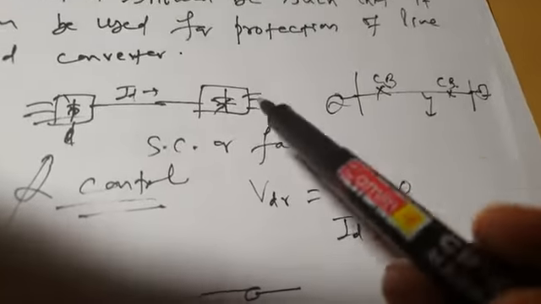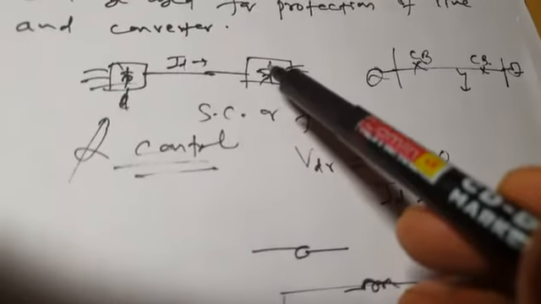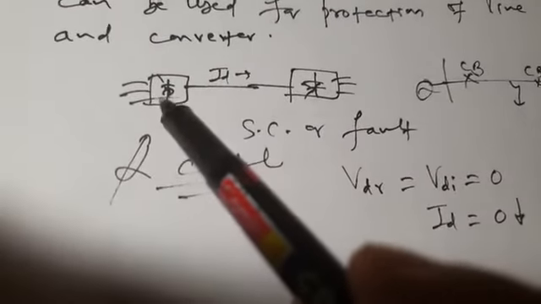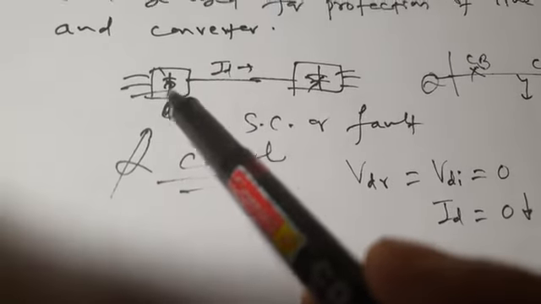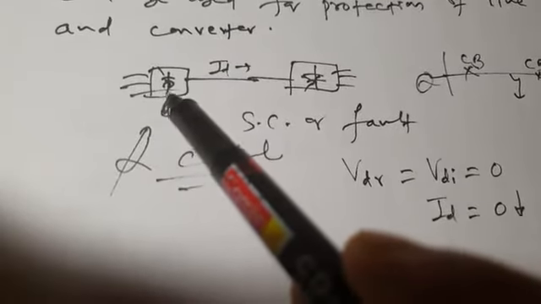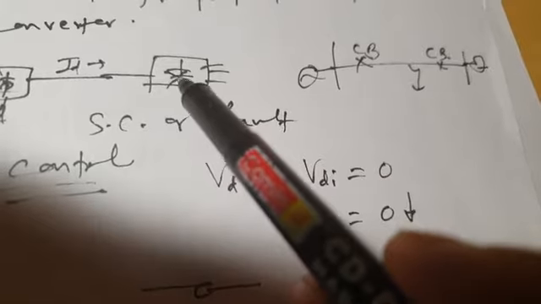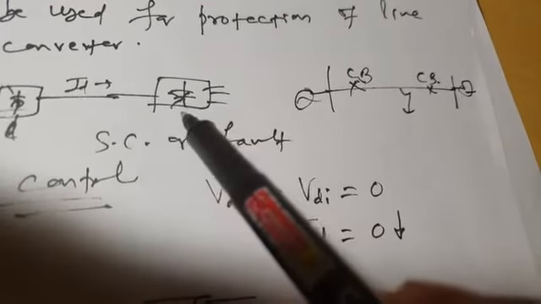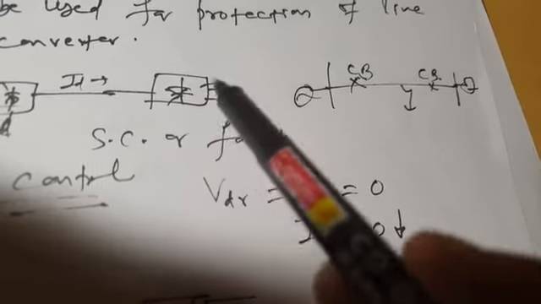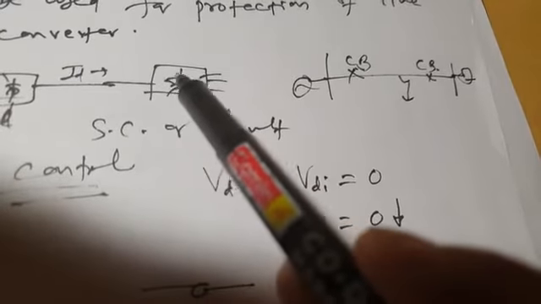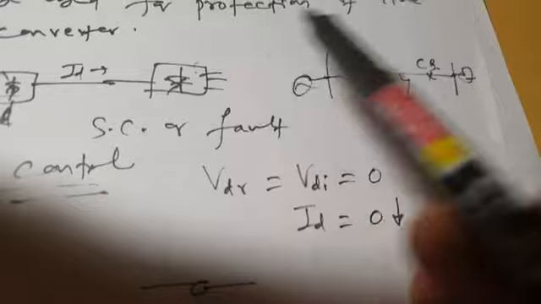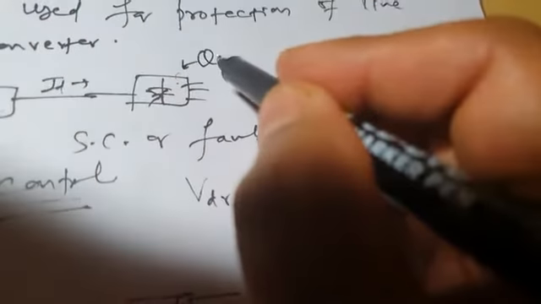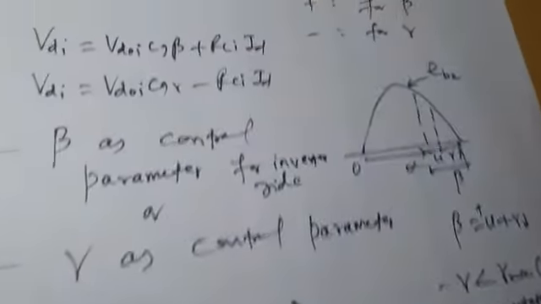Okay, let's forget about harmonics. Let us talk in terms of reactive power. You have just now seen alpha increase means cos alpha decreases, so more reactive power is drawn by this rectifier. Similarly, on the inverter side, if you take beta as control parameter, and to avoid commutation failure the controller increases beta, your converter is drawing more and more reactive power, QA, and that is a problem. So therefore, beta control is not a feasible way.